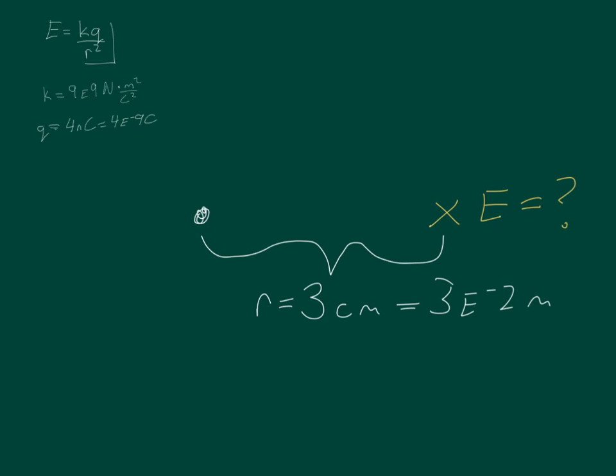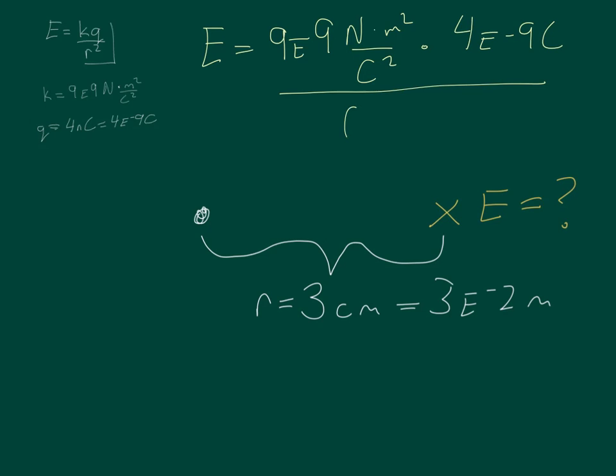So E equals 9E9, not 99, but 9E9, times the charge, and then we square R.